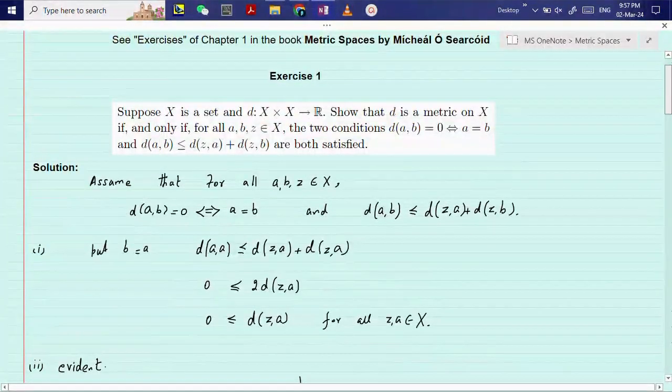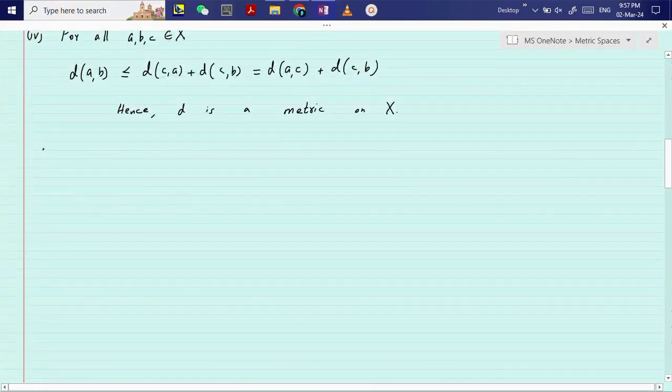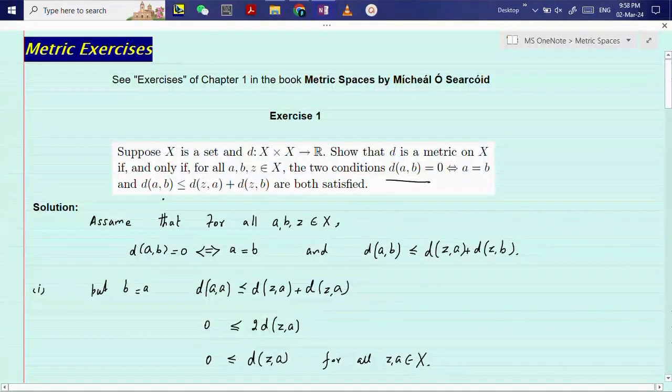Now we assume that d is a metric on X. Conversely, suppose that d is a metric on X. And we prove the two conditions here, this one and this one.